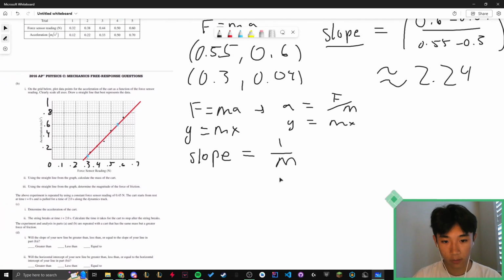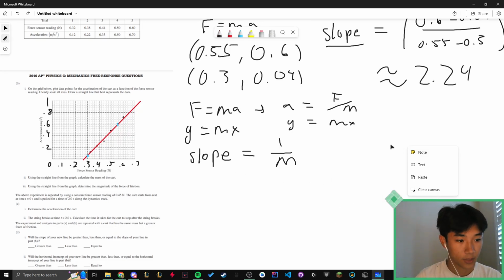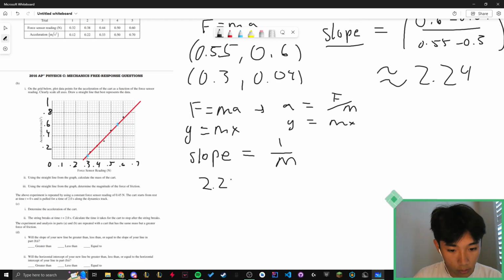A couple mistakes people make is they don't realize this connection between the F equals ma linear equation and the axes of the graph. So now we know that the slope is equal to 1 over m, and the slope we got was 2.24. So 2.24 equals 1 over m.